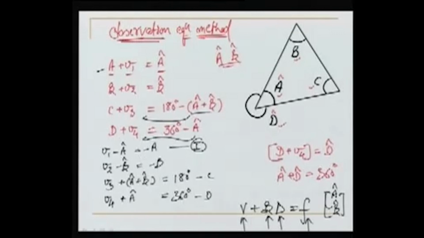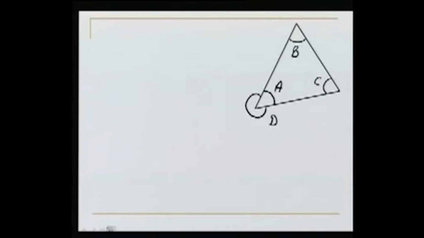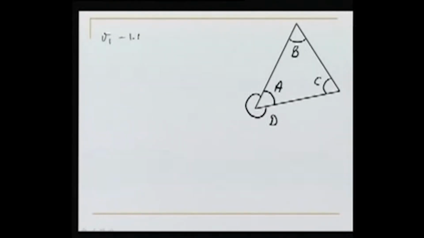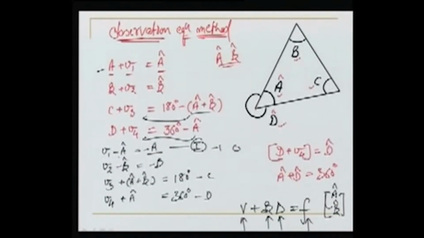So in order to do it, you can see in this first equation, the coefficient of A hat is minus 1, and the coefficient of B hat is 0. So we rearrange this. V1 minus 1 into A hat plus 0 into B hat is equal to F1, the first constant term, because the terms on the right are all constants. So I am writing F1, F2, F3 and so on.